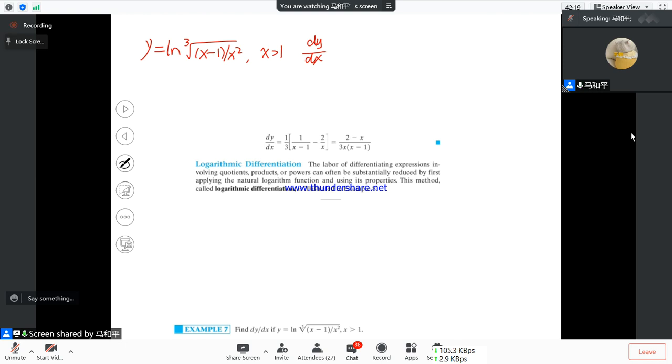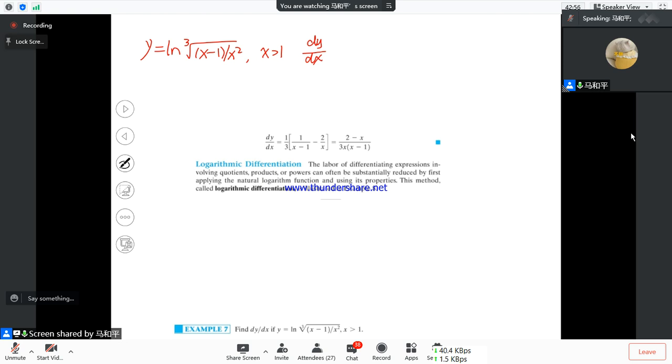Here we see this is a composition. If we use the chain rule to calculate the derivative of y, we find that maybe it's complicated. First we use the properties of the natural logarithm function to simplify this function, and then we take the derivative.